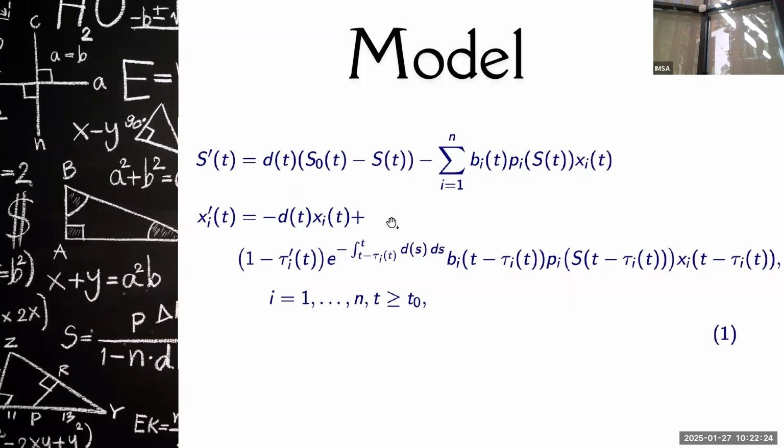So we have some differences in this way. No one has the time-dependent delay. And so we have this type of model. It seems a little complicated, but we will see that we can extract several important pieces of information from it.